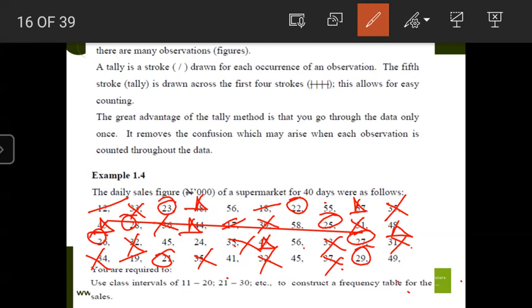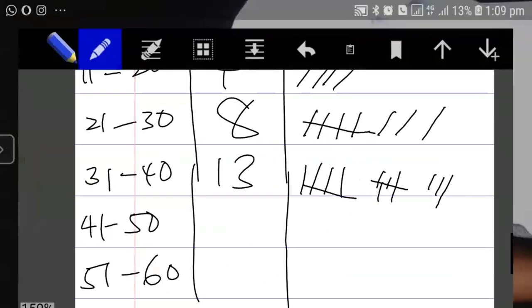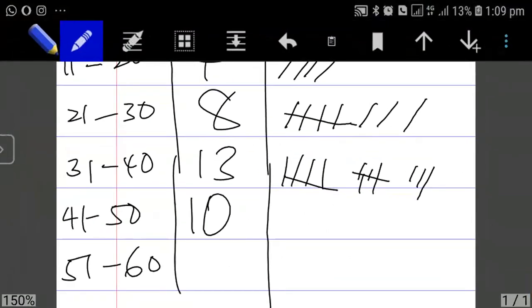I don't miss 24 here. 7, 8, 9, 10. That 10 is complete. And 51 to 60.